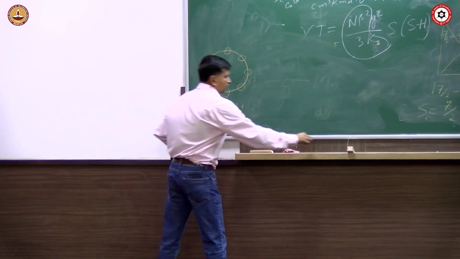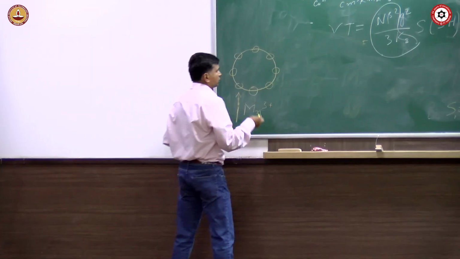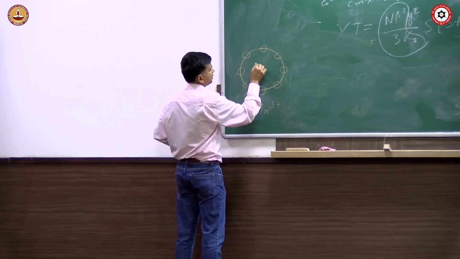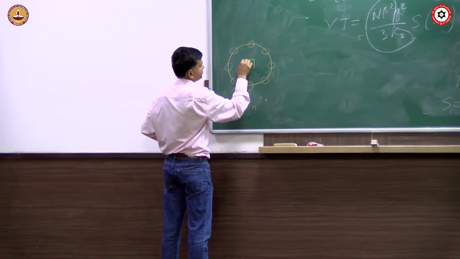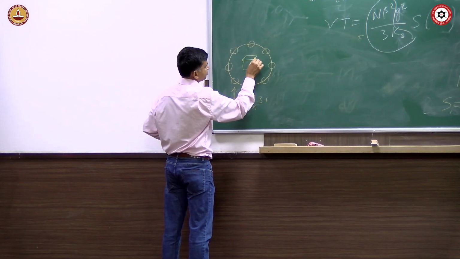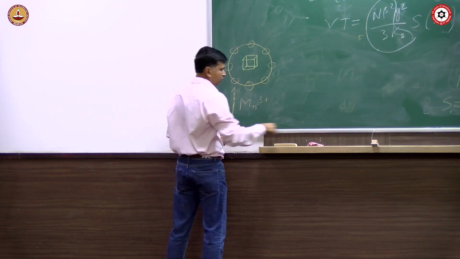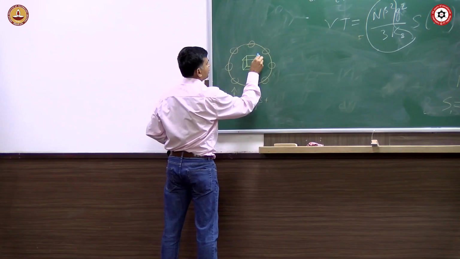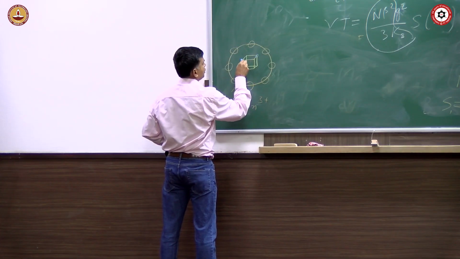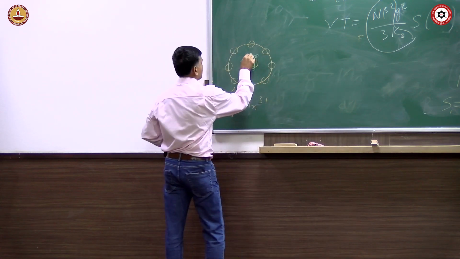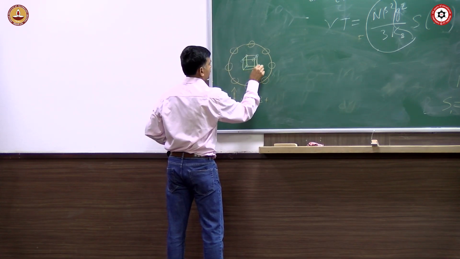Now you have another kind of ion, manganese 4 plus, which comes like a cube. If you make a cube like this, alternately here you have manganese, here manganese, and the remaining are all oxides.